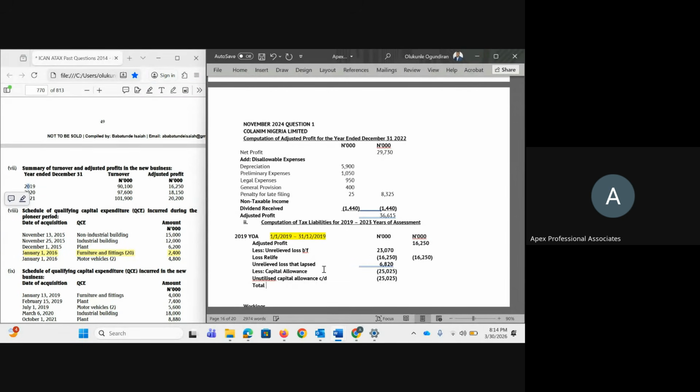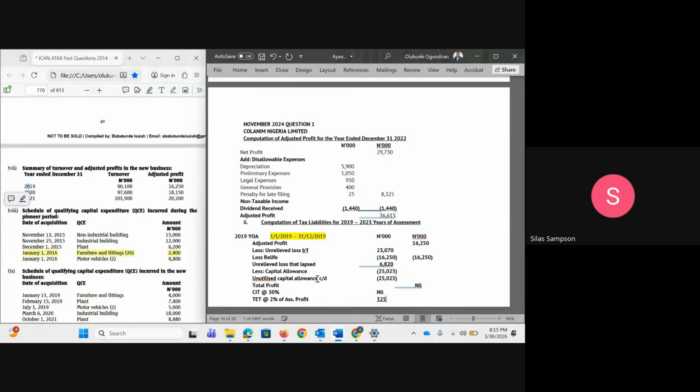Total profits, how much? Nil, Abby. Tax at 30%, what do you have? Nil. CET at 2%, what do you have? What's 2% of 16,250? 325.